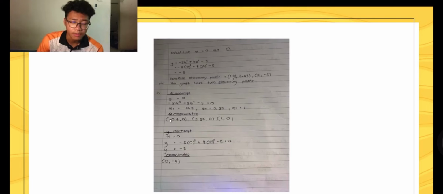So the coordinates will be -0.7 for x and 0 for y, 2.37 for x and 0 for y, and 1 for x and 0 for y. To find the y-intercept, we have to do x equal to 0 and insert it into the first equation. As you can see here, the x is 0, we insert it into the equation, and we get y equals -5. So the coordinate will be 0 for x and -5 for y.